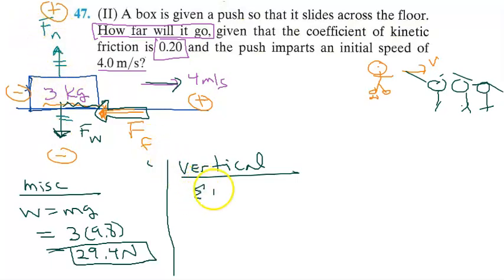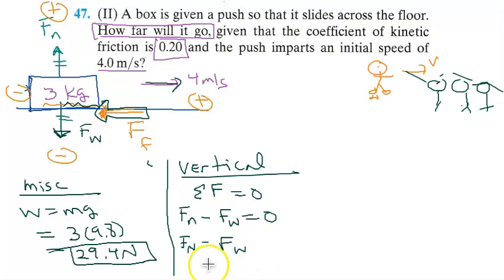So vertically, the forces are balanced because it's not moving up and down. So the force of the normal minus the weight equals 0 because there's no up and down acceleration. So the normal force is the force of the weight, which means the normal force is 29.4 newtons.